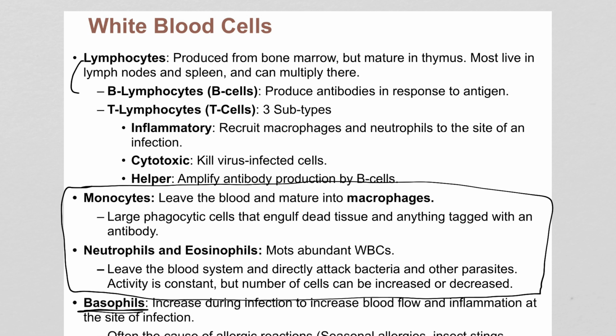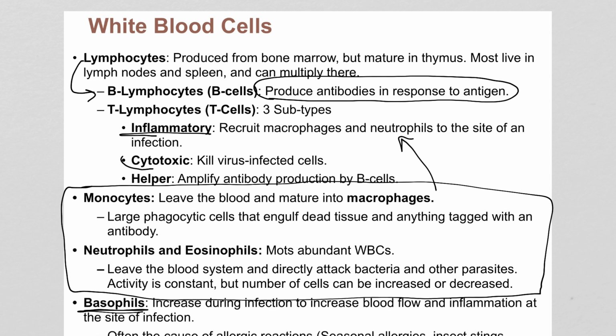All right. Now, where we're going to spend most of our time is on lymphocytes, right? And the big picture story is B lymphocytes or B cells are primarily responsible for producing antibodies. T cells have a handful of different subtypes. There are actually more than 3, but we're going to keep it fairly straightforward here. There are inflammatory T cells that trigger the immune response and attract these phagocytic cells to the site of an infection. There are cytotoxic T cells.